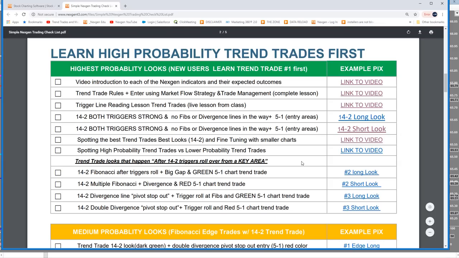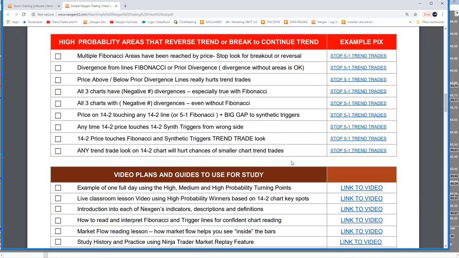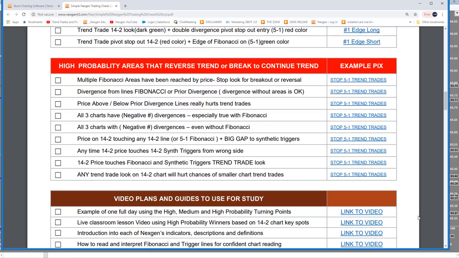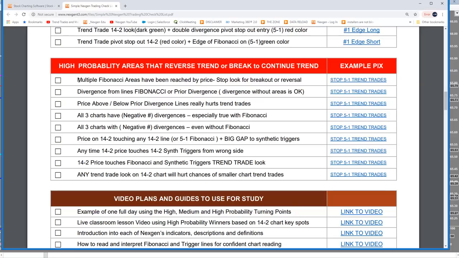Now, there's one more thing that you need in order to really be effective when you're day trading. There's a couple of things that we're going to talk about in today's lesson that are going to make you stop doing trend trades.